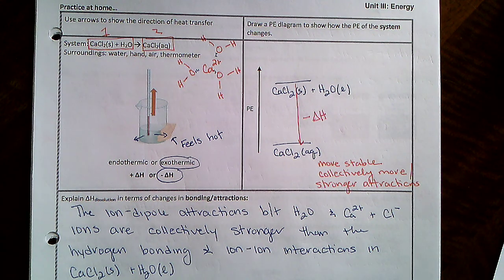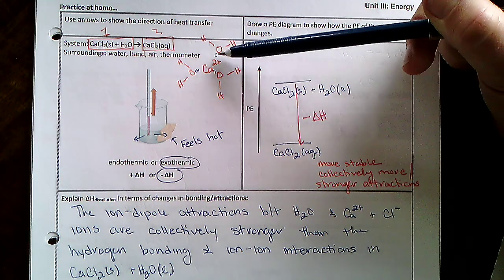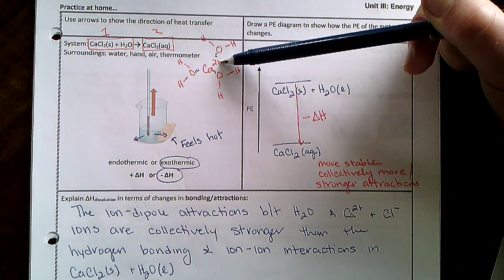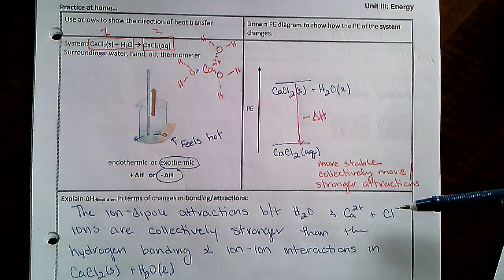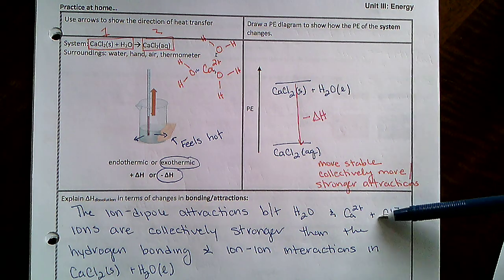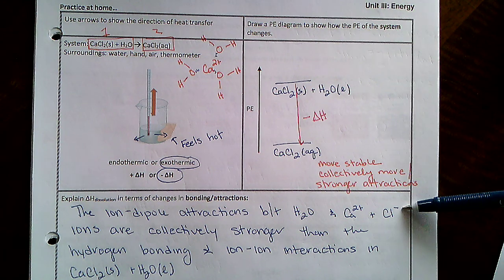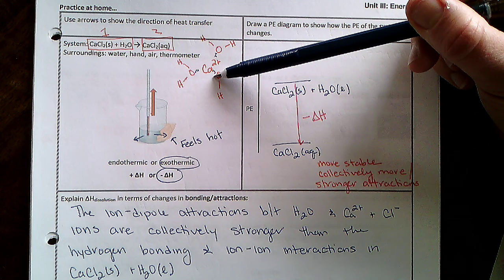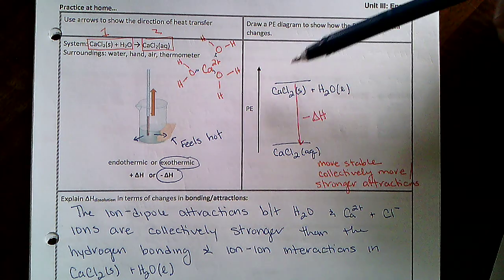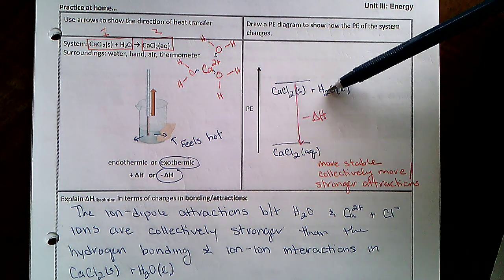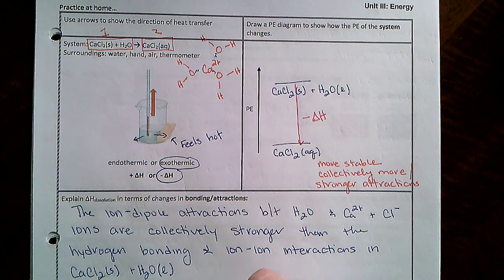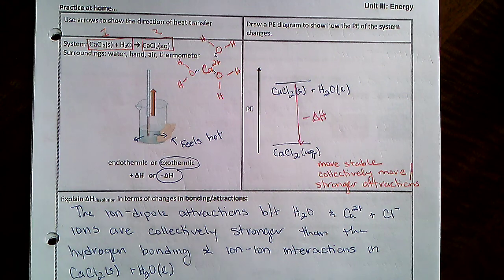That might seem counterintuitive, but you can fit somewhere between 4 and 8 waters around each calcium 2+, and similar for each chloride. So if you add up all of these ion-dipole interactions, they're actually going to be collectively stronger than having the ion-ion or the hydrogen bonding interactions. That's why you have a negative delta H. That's what a negative delta H means.